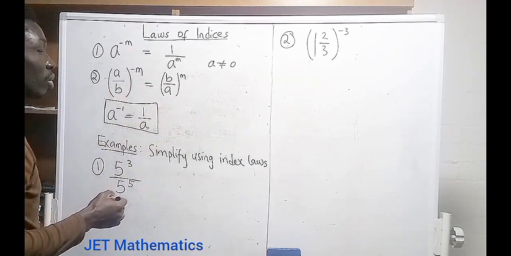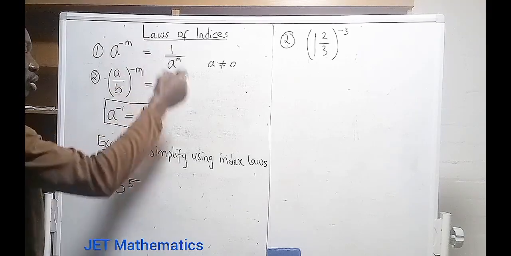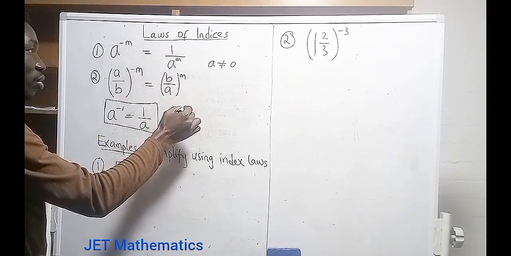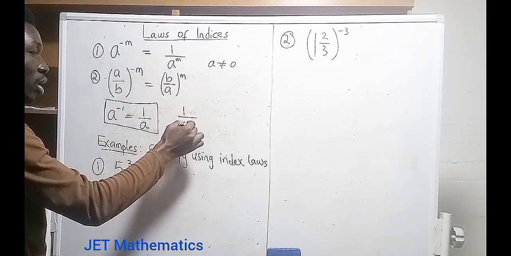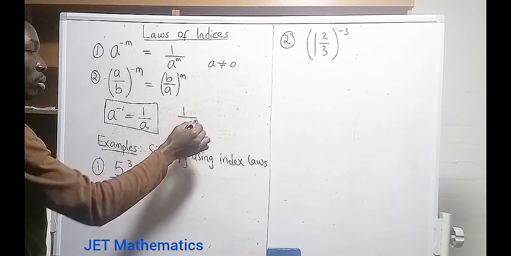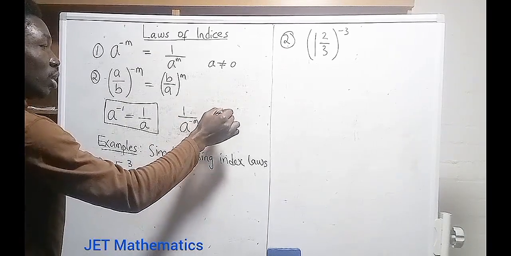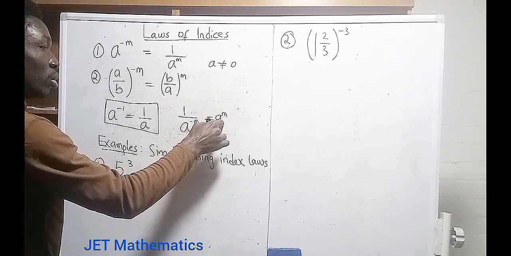Okay, and then a kind of variation on this is when you have something like 1 over a raised to the power minus m. This will give you something like a raised to the power of m.